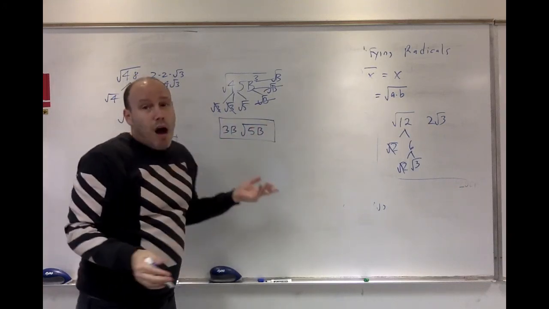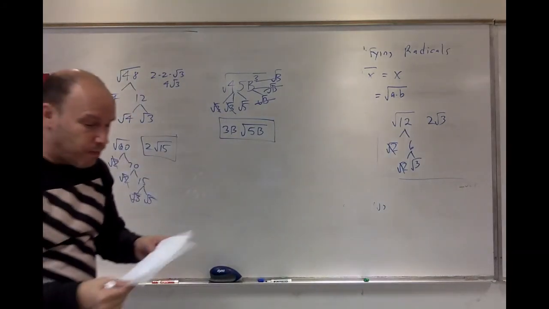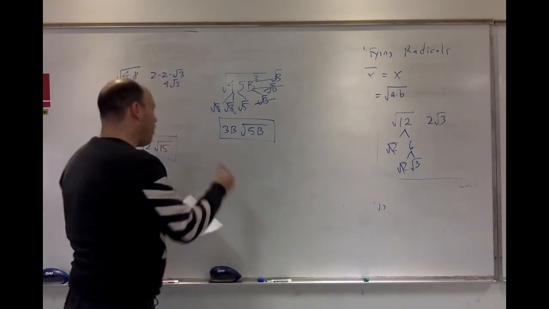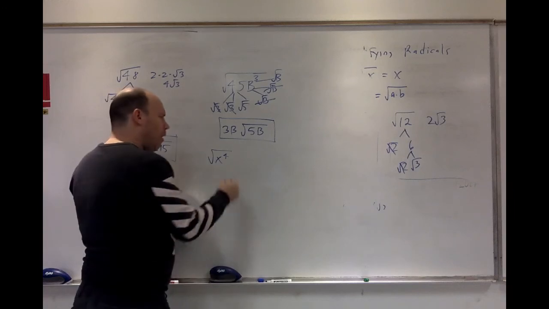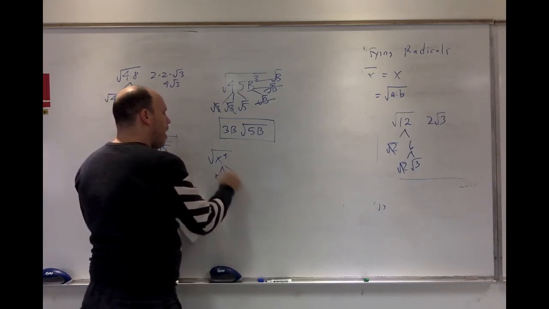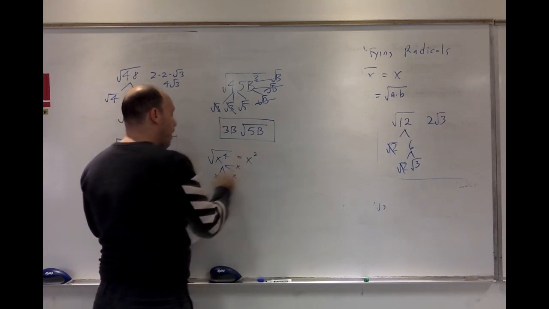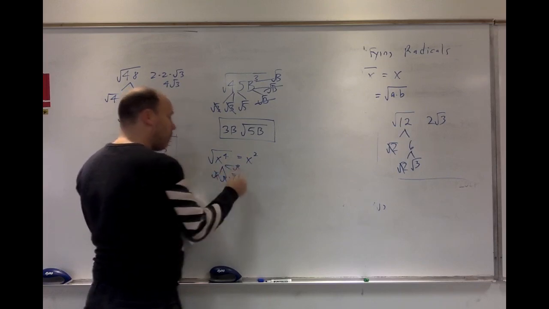That's it. And then this is the introduction to more advanced topics like exponents. I might say, what's the square root of x to the 4th? And you go, okay, well, that's x, x, x, x. And so you have, actually it's x squared, right? Radical, radical, radical, radical, pair, pair.